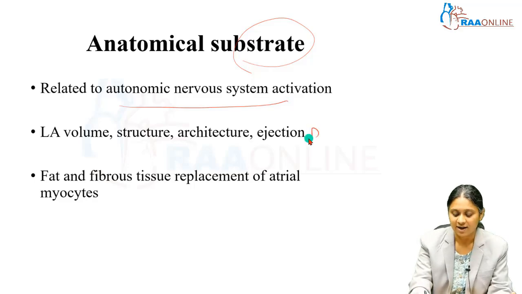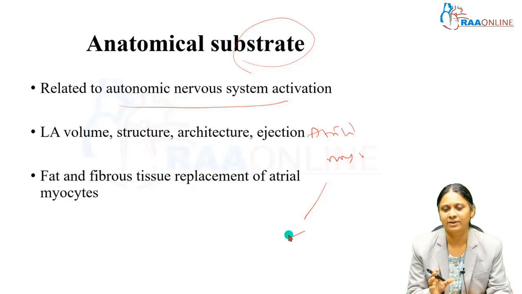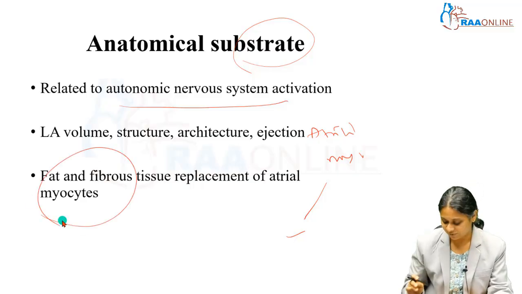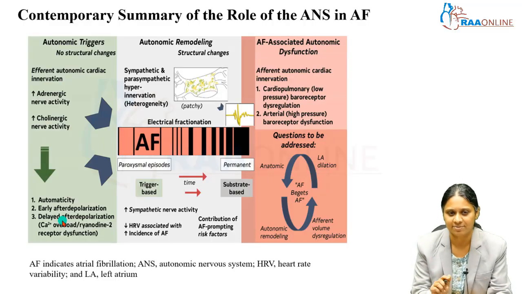That is the atrial myopathy, which means there are structural, architectural, and electrophysiological changes of the atrium, more of the left atrium, but it also involves the right atrium, resulting in fat and fibrous replacement of the atrial myocyte. So, I am repeating it, this is the atrial substrate.